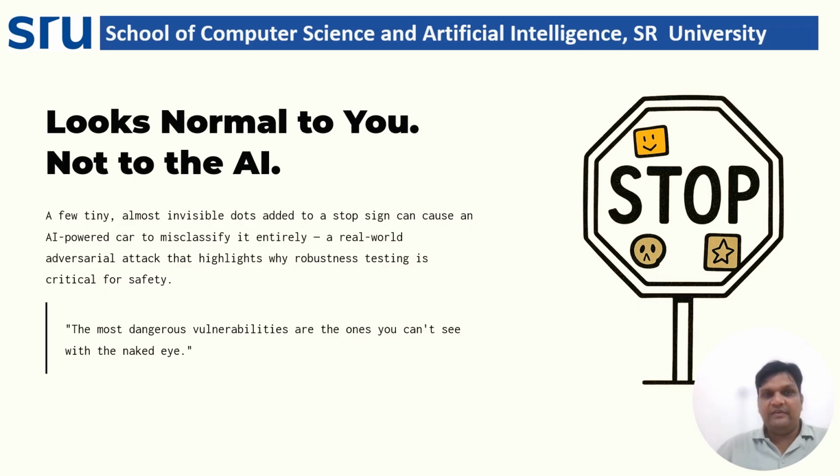The most dangerous vulnerabilities are the ones you can't see with the naked eye. So here we start with the normal input, add a teeny change, and check if the prediction flips. If it does, we have found a vulnerability.